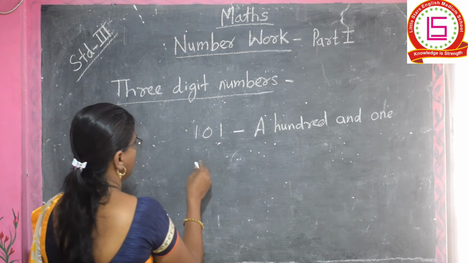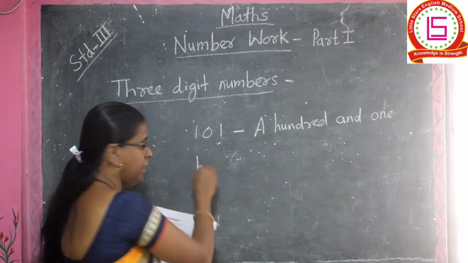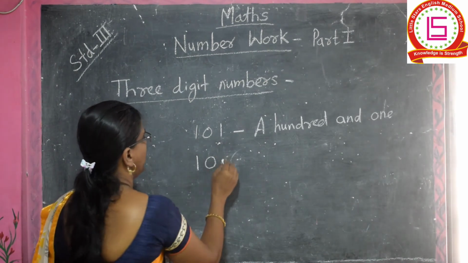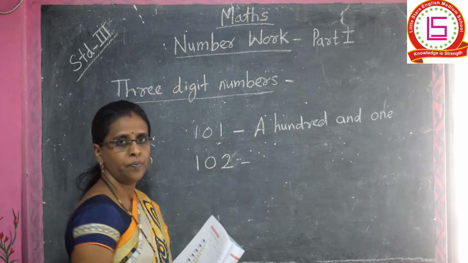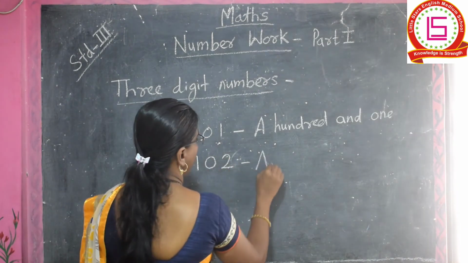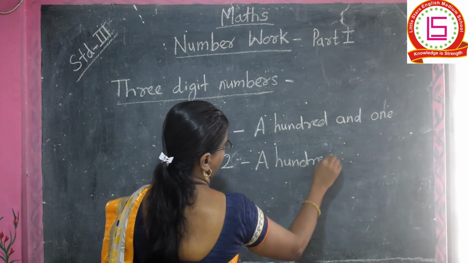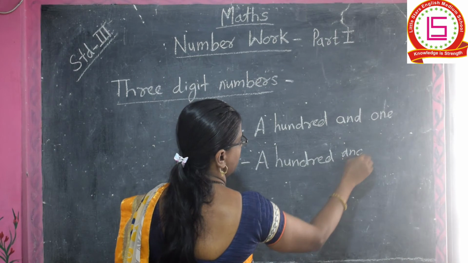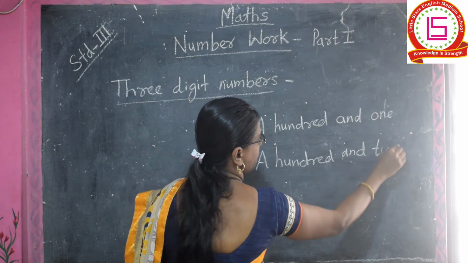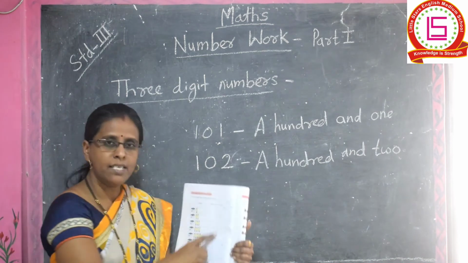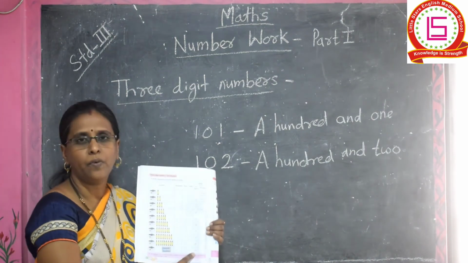That means at the 100 place 1, at the tens place 0, and at the unit place 2. And you write in words 100 and 2, 102. Like this you write up to 110.